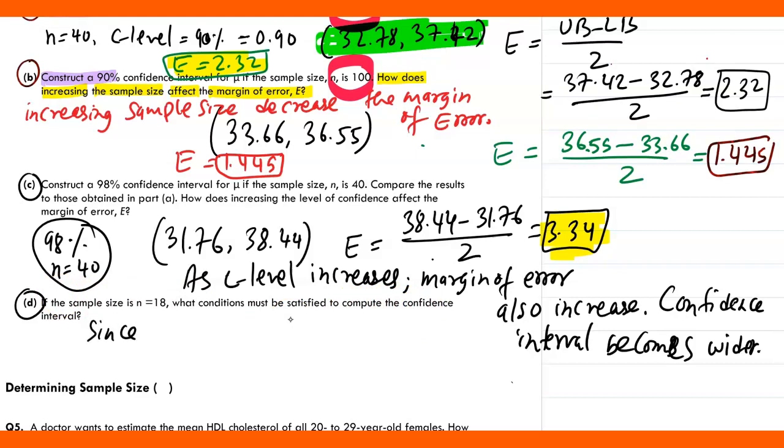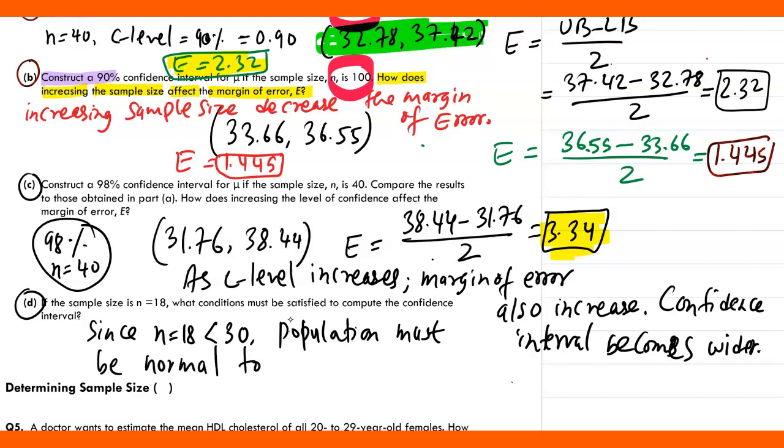Since n equals 18 is less than 30, the population must be normal to compute the confidence interval.